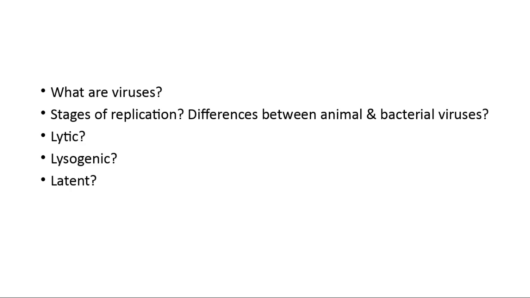Bacterial viruses that kill the host cells are lytic viruses. Lysogenic viruses are dormant bacteriophages. Remember that in the case of lysogeny, the viral DNA will circularize and integrate with the bacterial chromosome, forming a prophage. At that point, it stays dormant.